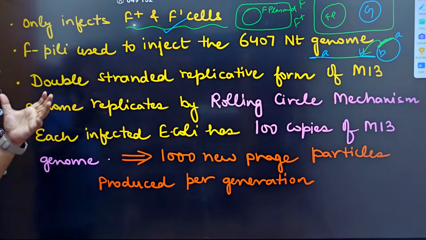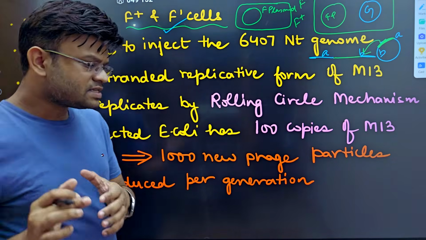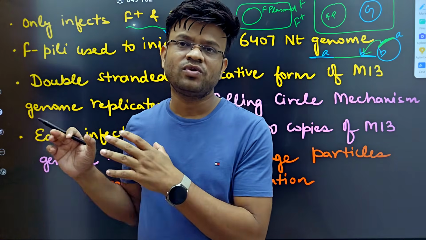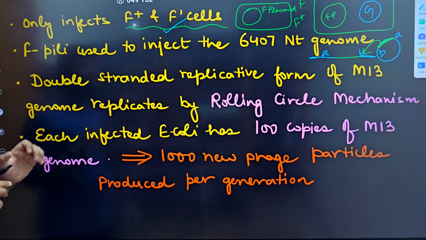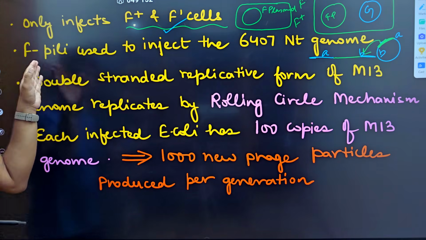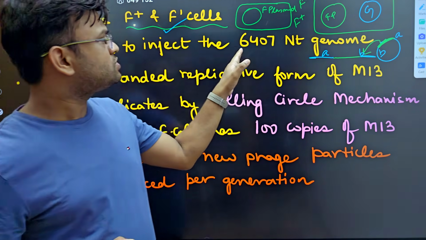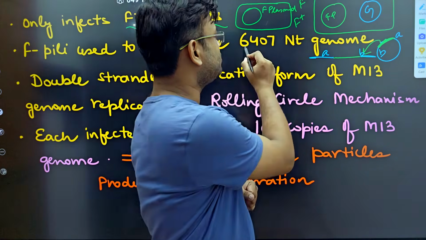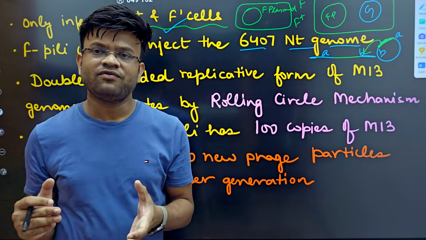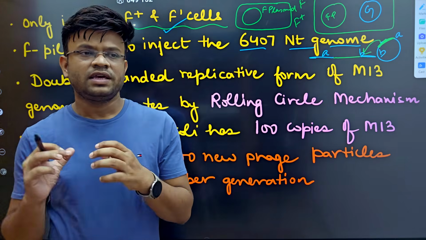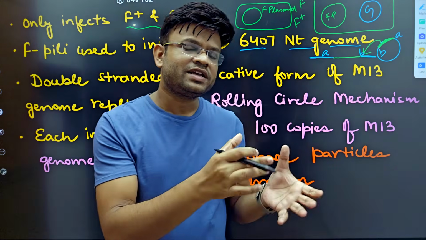Okay, so considering this, we can say that the M13 phage vector would only be infecting the F prime cells and F plus cells. Now, F pili is used to inject the 6407 nucleotide genome. As I have already said, M13 phage vectors are responsible for infecting the bacteria.